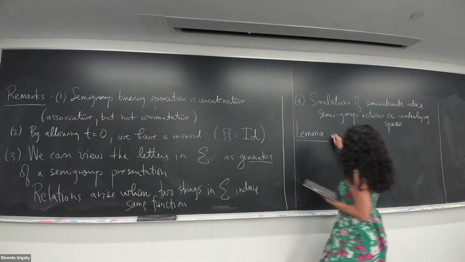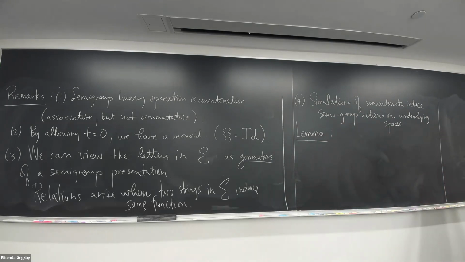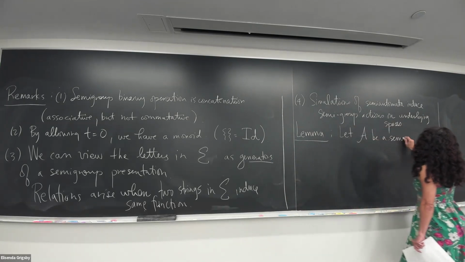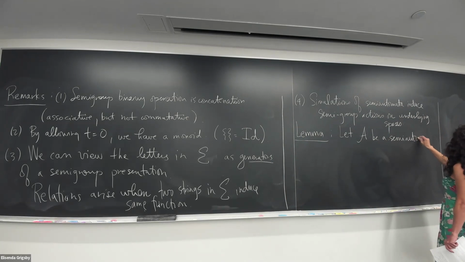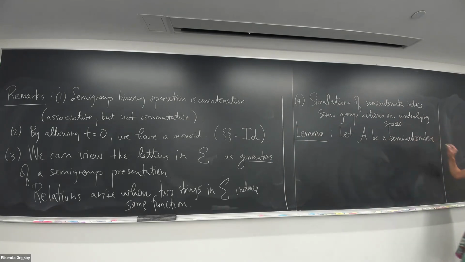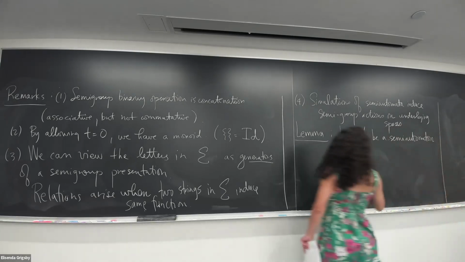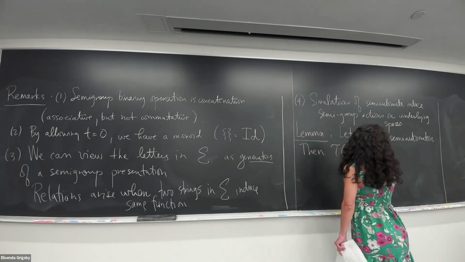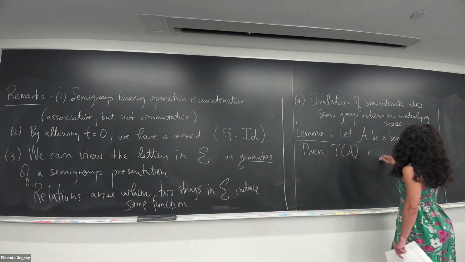So a sort of easy lemma is that if you have a semi-automaton, and always we're going to be talking about automata that have finitely many states, finitely many transitions, which I said at the beginning, but if I didn't, I'm saying it now, then this transformation semi-group is finite.